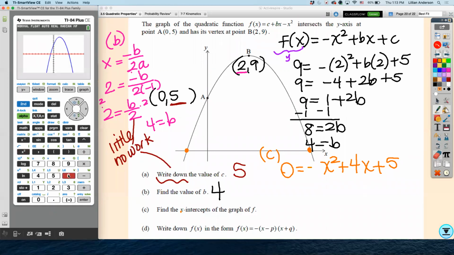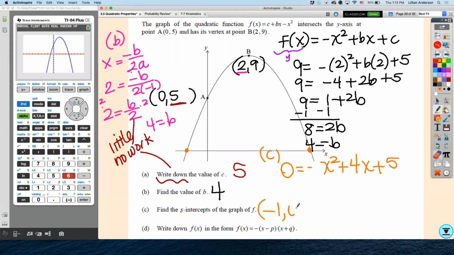And I'm looking for those 2 intersection points, which I can really easily see. What's this intersection point right there? -1, 0. And the other one is at 5, 0. I can also do old school factoring with that as well.